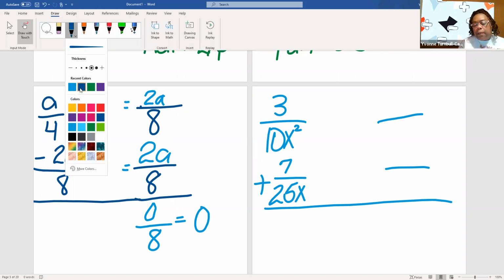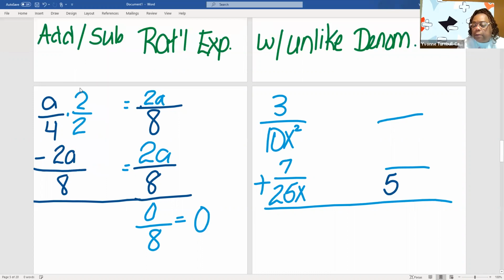Okay. They both end in 5, they end in 5 and 0. We know 5 can go there, so that means they're multiples of 5. Or if you know how to count by 25, then count by 10s. The coefficient LCD is 50. And I'm going to write my coefficient LCD, which is 50.